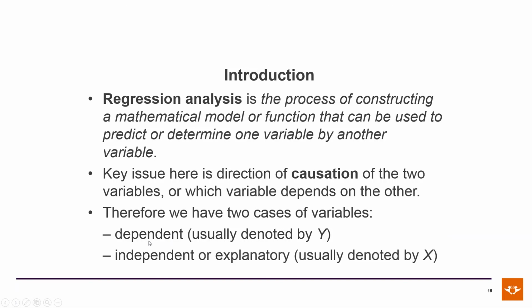I hope that example makes clear the difference between the dependent and independent variable. Now, as I said, we are going to derive our regression line from this scatter plot, and I'll do this in our next video.